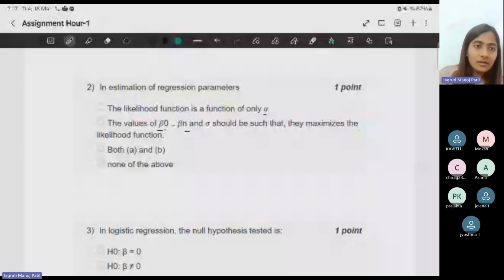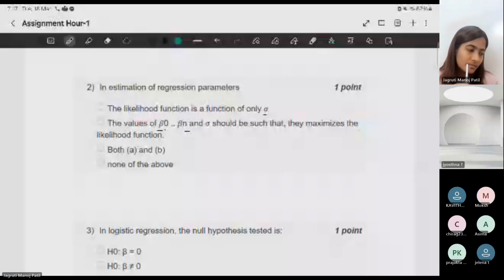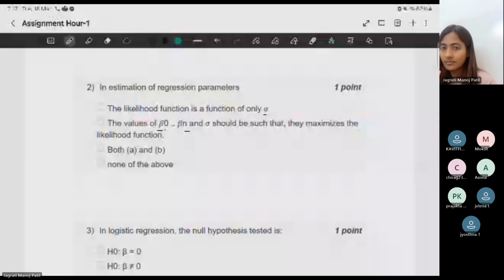Yes, go ahead. So in the estimation of regression parameters, wait, okay, show again.